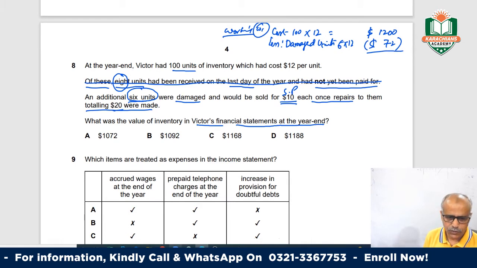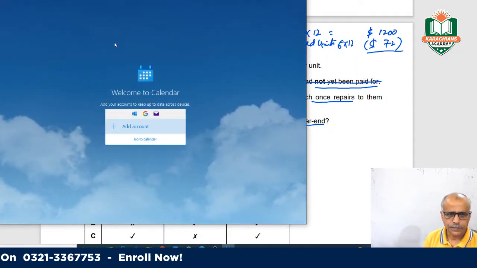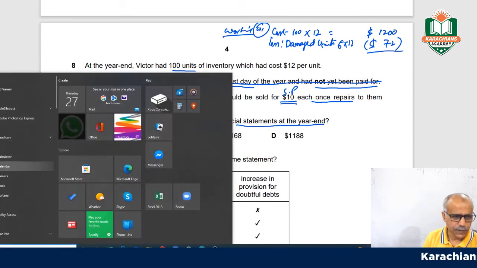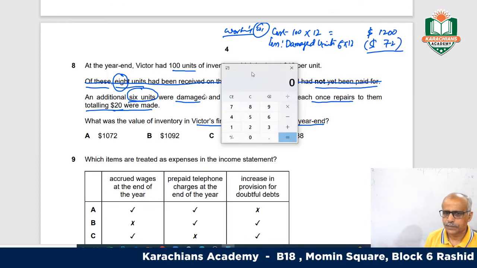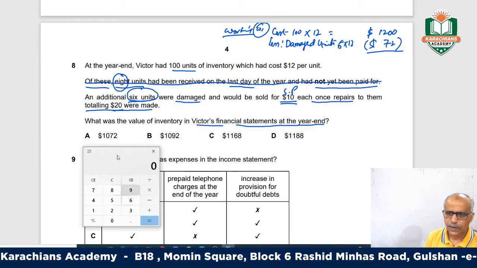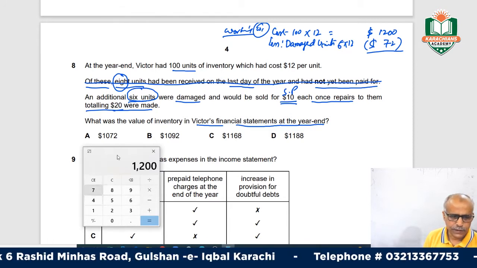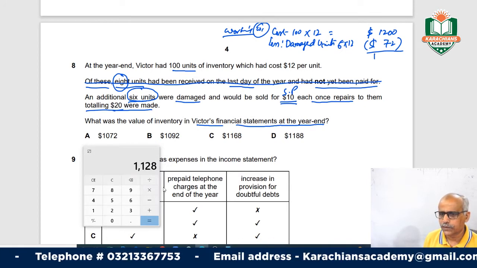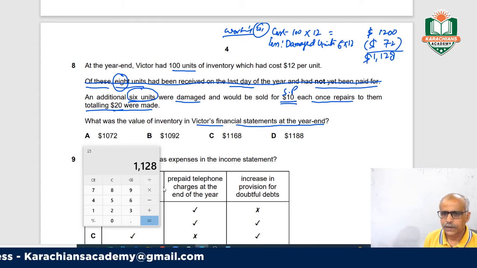Now how much is cost? Let me have my calculator. $1,200 was the total cost. Here the cost of the damaged units we will deduct. Now this is the cost of good units. They are good units.